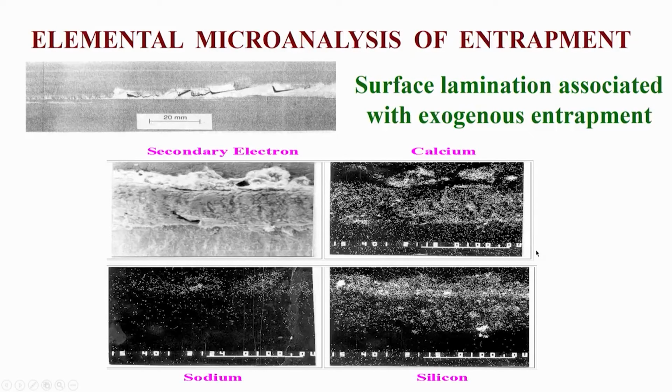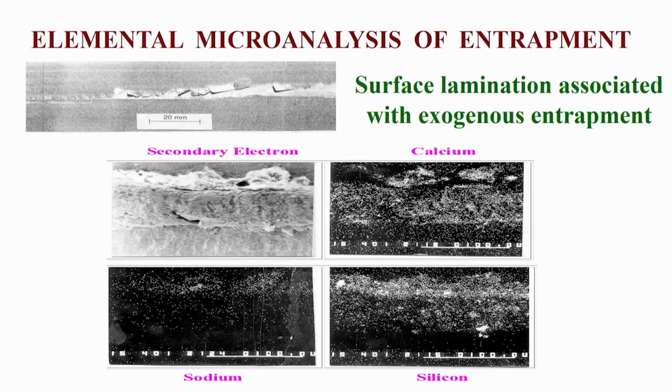Similarly, the lower one is a silicon X-ray image, and we know which area is rich in silicon. The bottom left is a sodium X-ray image, so we know which areas are rich in sodium. This is another very convenient way of knowing what constituents are present.